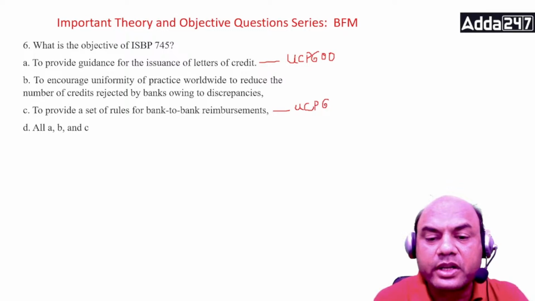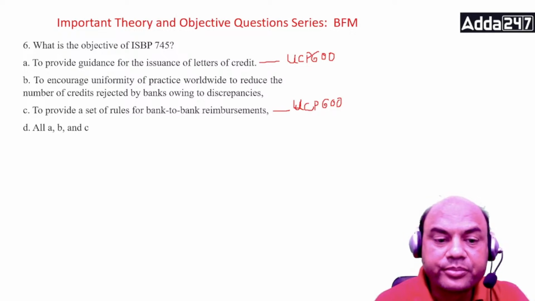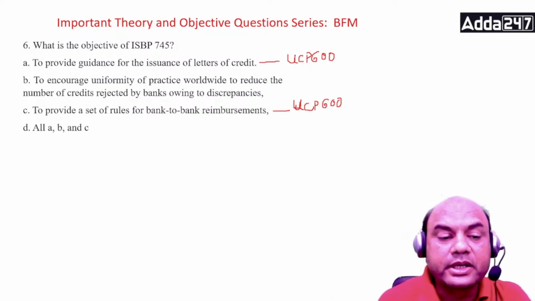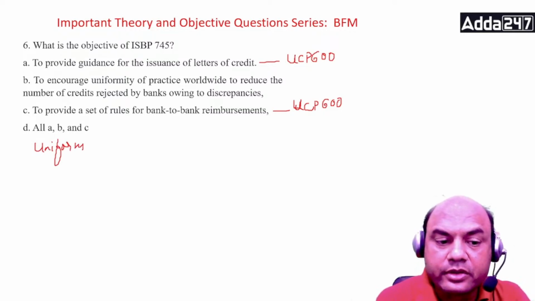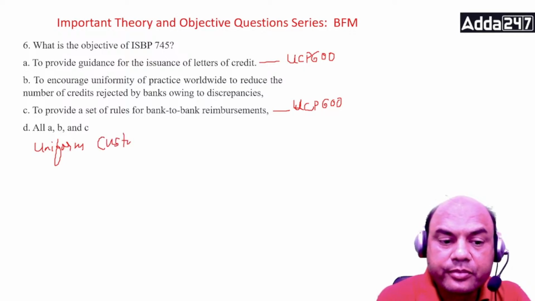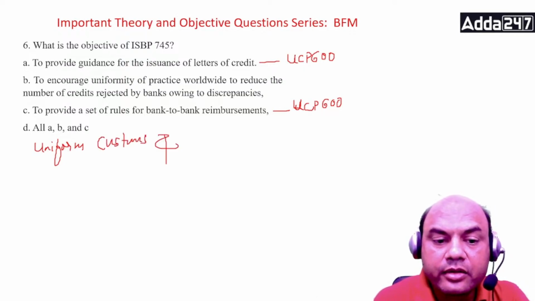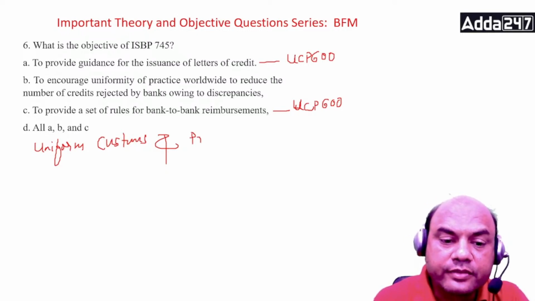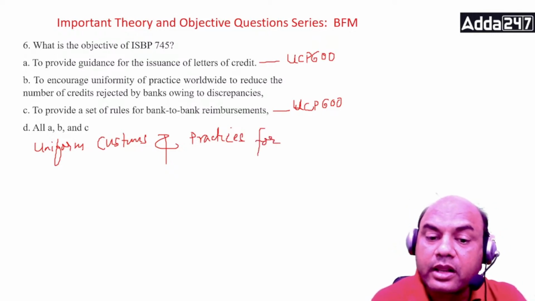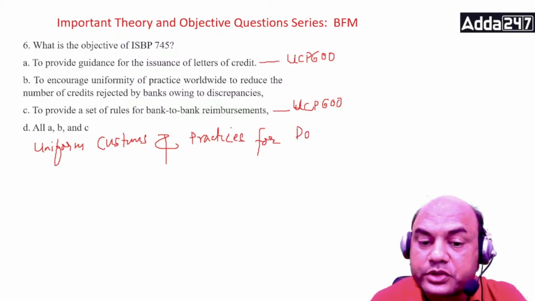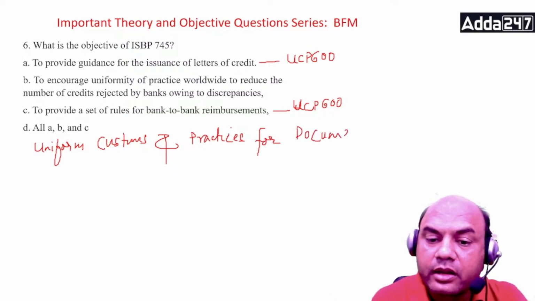Now you'll ask, what is this UCP 600? For those who have not started their studies up till now, UCP means Uniform Customs and Practices for Documentary Credits.